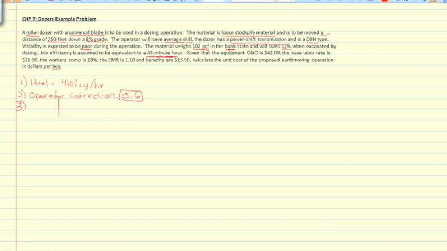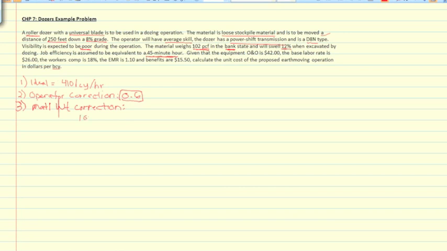If you go back up here, the material weighs 102 pounds per cubic foot, and that's bank. We need to use that to get to our material weight. 2,300 was pounds per cubic yard, so we need to transfer this to that unit. It's a unit conversion.